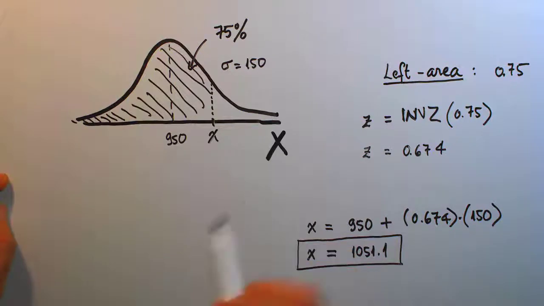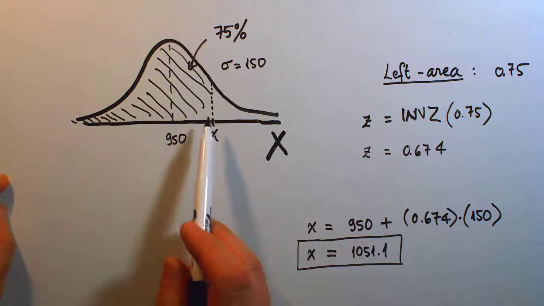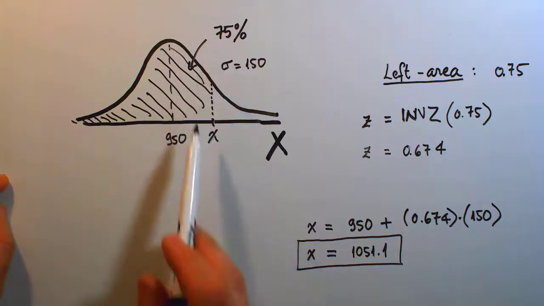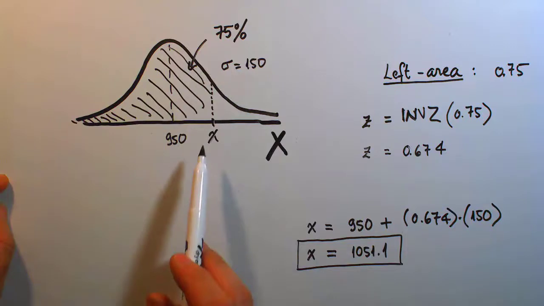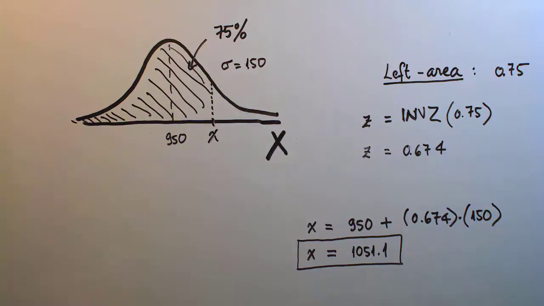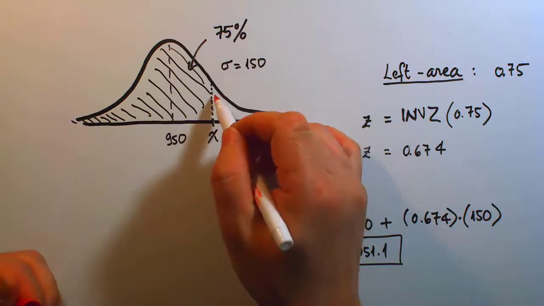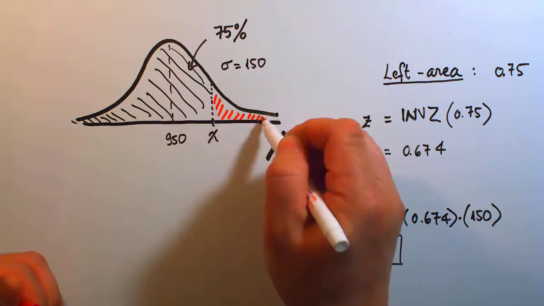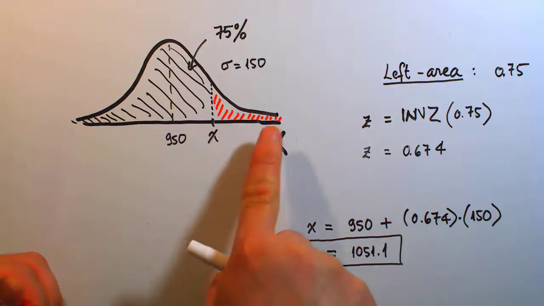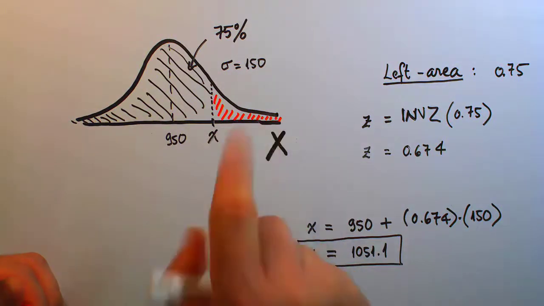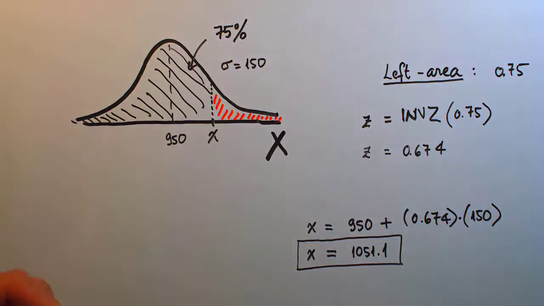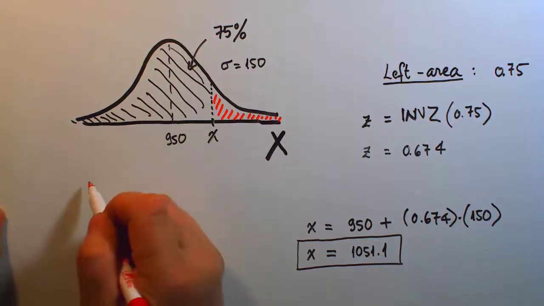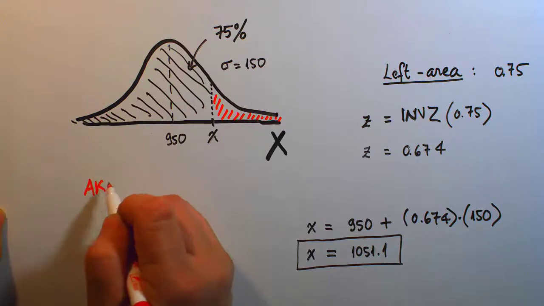If there is 75% of area to the left side according to the picture here, then in the same bell curve, to the right hand side of the cutoff that we have just found, there will also be an area shaded to the right hand side.